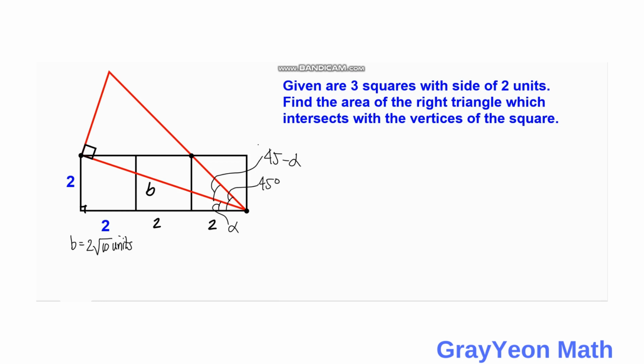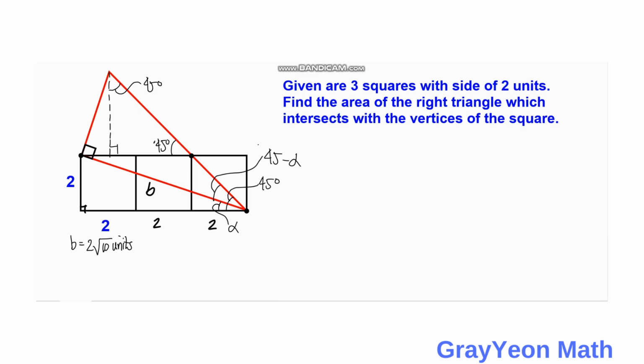And this angle should be congruent with 45 degrees since they are alternate exterior angles. So we have this to be 45 degrees also. And if we draw a line from the topmost part of this triangle, then we form a smaller triangle. Then this should be also 45 degrees, a complementary angle with this 45 degree here.